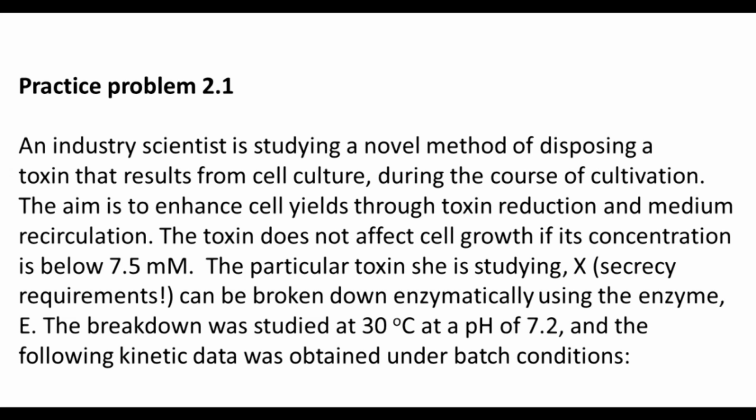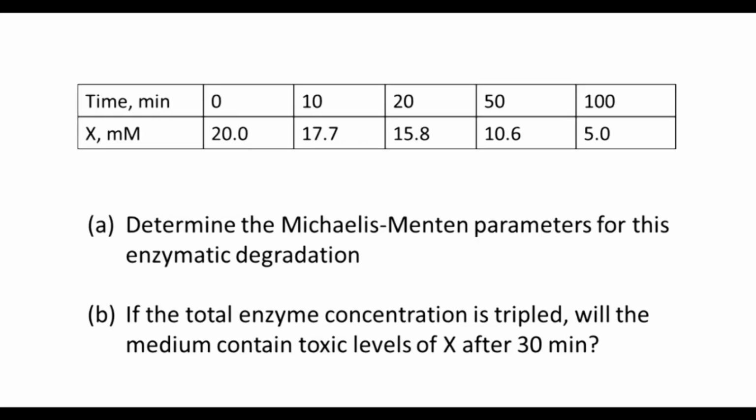The breakdown was studied at 30 degrees C at a pH of 7.2, and the following data was obtained under batch conditions. This is the variation of concentration with time of X. X is the substrate here, the breakdown of which we are studying. This gives 5 points.